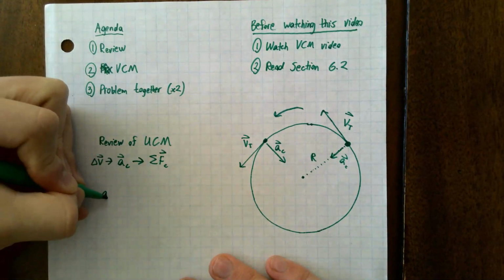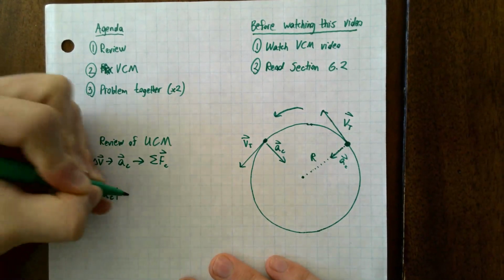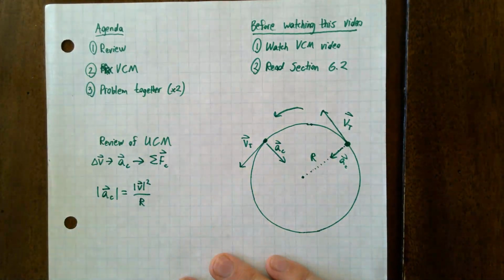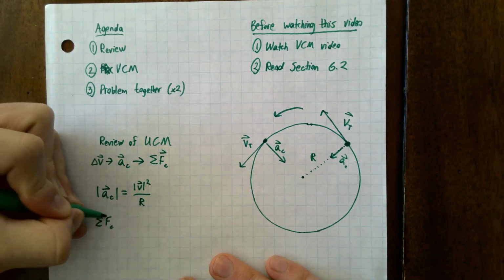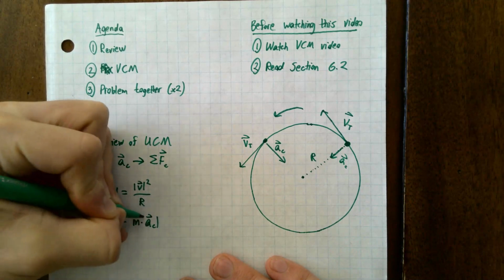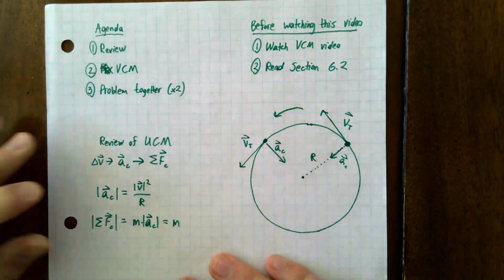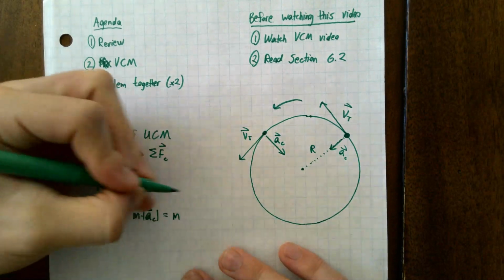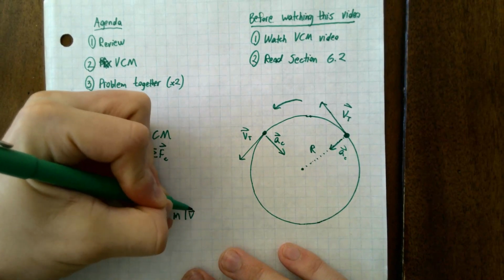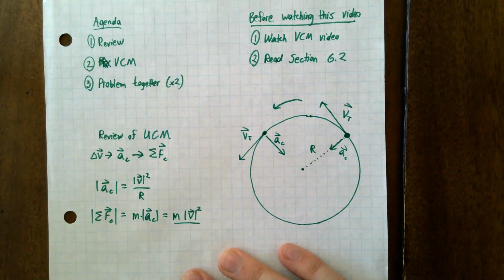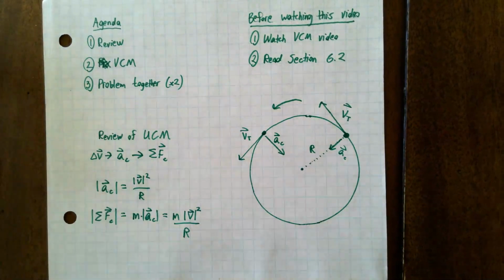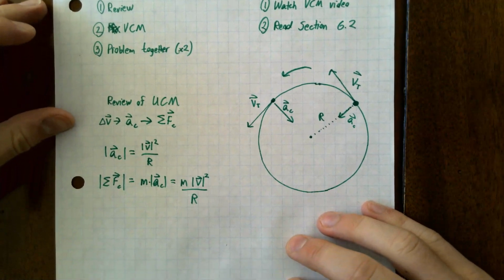The magnitude of the centripetal acceleration is the square of the speed divided by the radius, v squared over R. The magnitude of the centripetal force is the mass times the acceleration, just like Newton's second law. So mv squared over R is how strong our centripetal force is, the force towards the center.